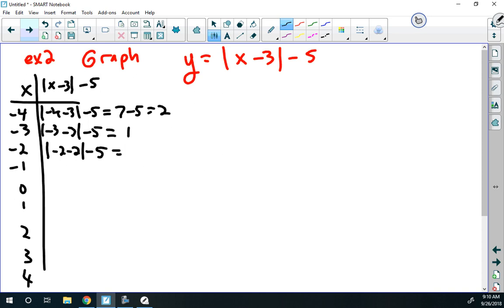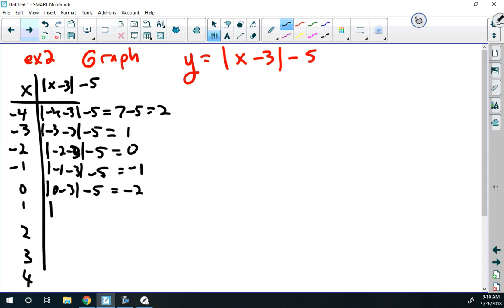Negative 4, negative 3, negative 2. Oh, I copied something wrong. That's my bad. Okay, so that's 0. Then I get negative 1 minus 3 minus 5. So that's negative 1. And then I get the absolute value of 0 minus 3 minus 5. So that's negative 2.